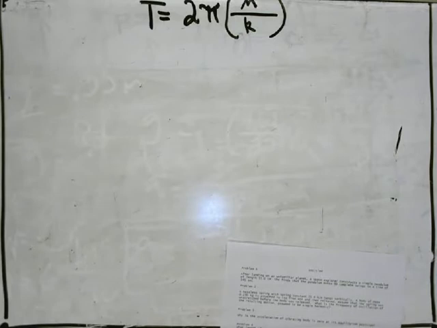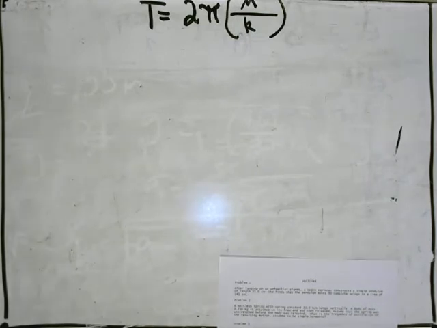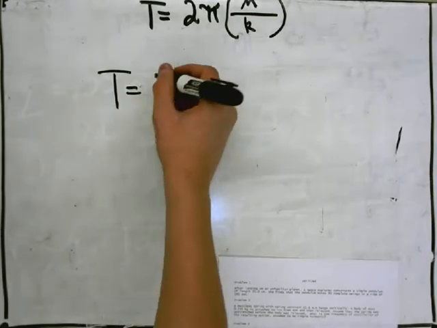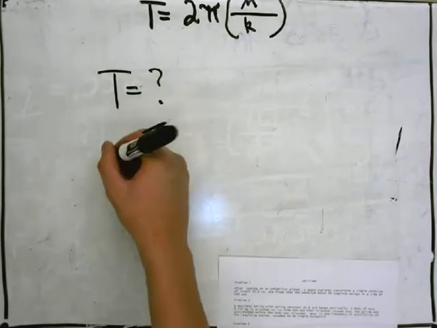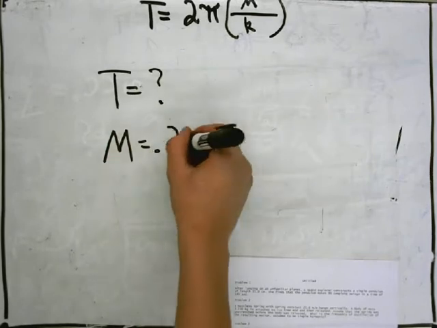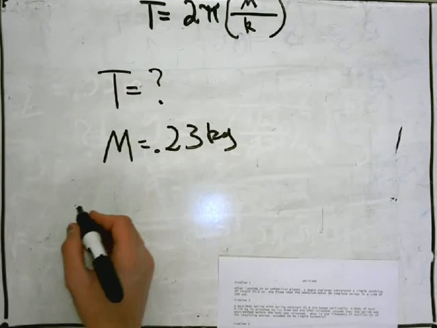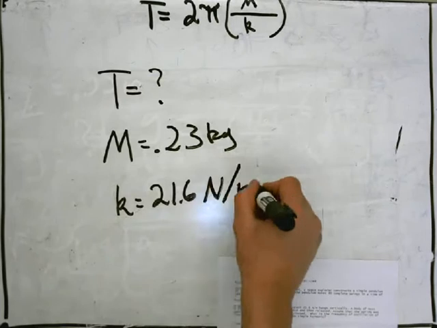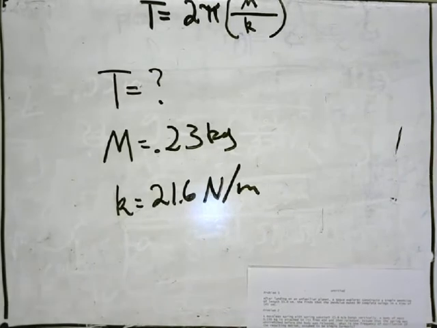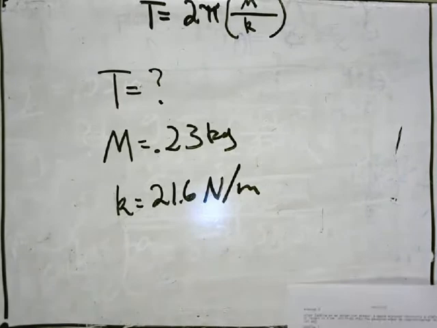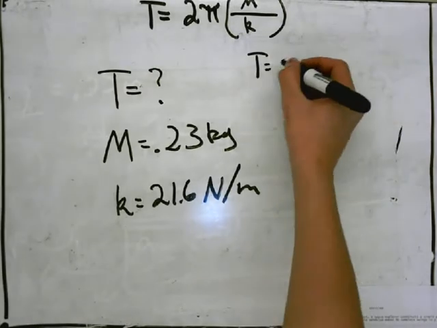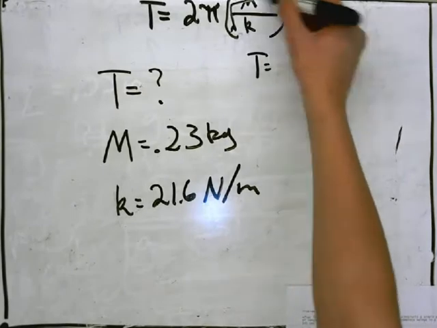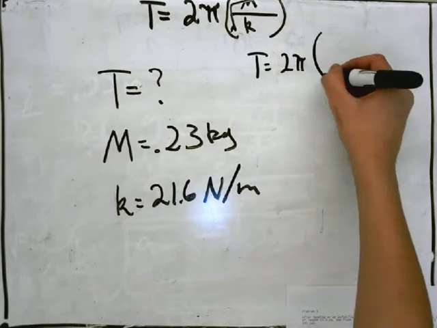Alright, so for this, we know that our T is what we don't know. We know that our mass is 0.23 kilograms, and we know that our spring constant is going to be 21.6 newtons per meter. Alright, so when we plug this into our equation, we're going to get T equals 2 pi times the root of 0.23 over 21.6.